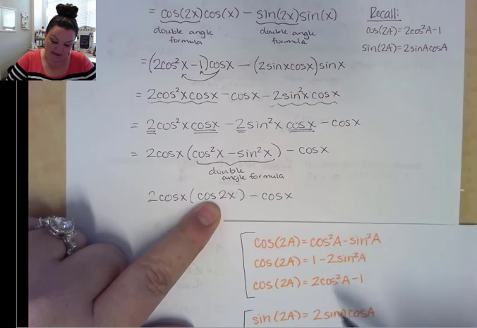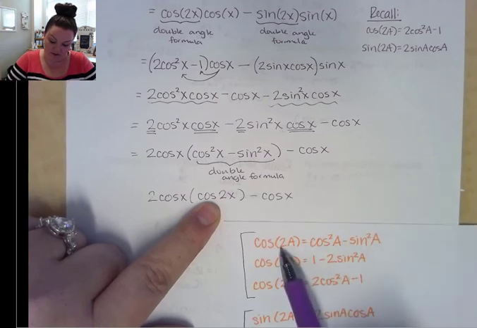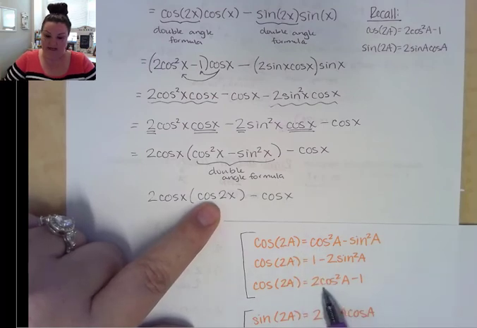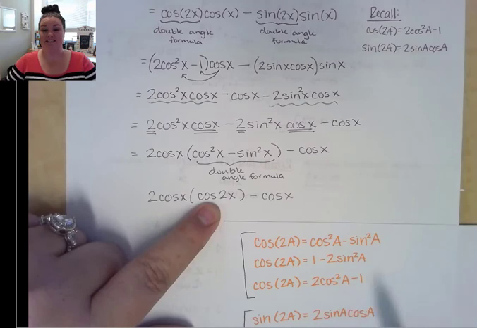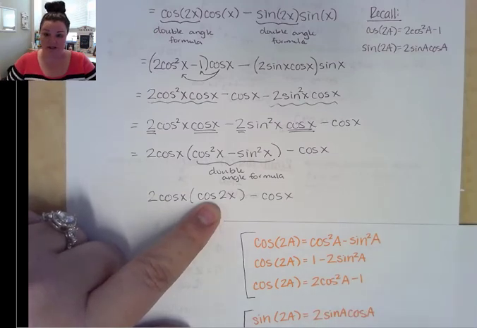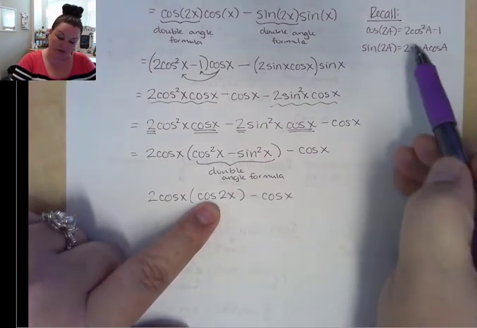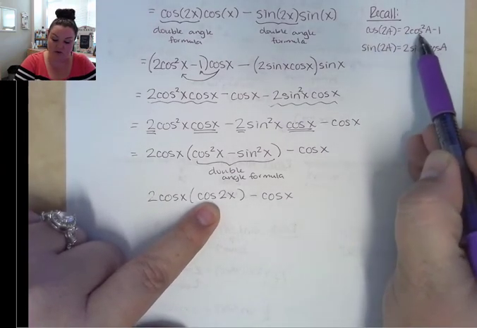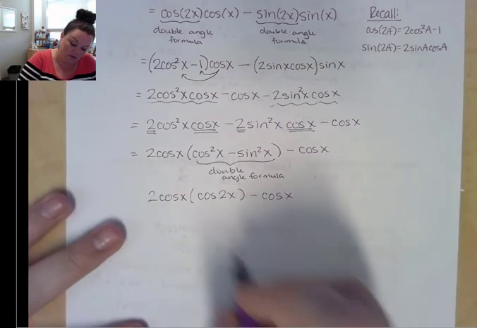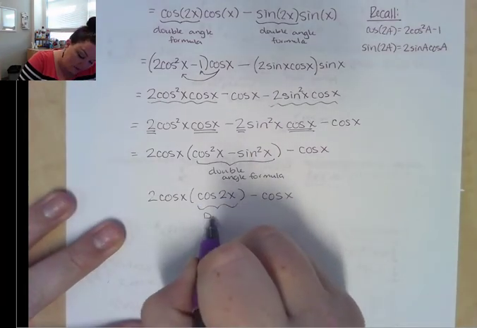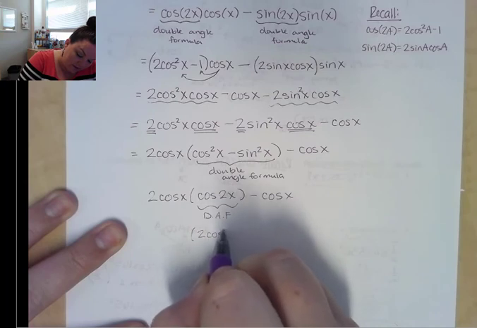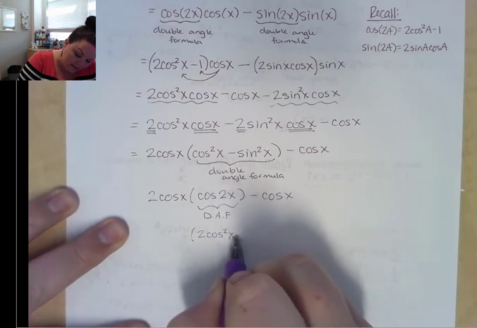Even though I just replaced to get rid of this one with cosine of 2x, now I can replace that cosine of 2x with one that just has cosines. So I can use a different double angle formula, which is actually the one I have written up here, which says that cosine of 2x should be 2 cosine squared x minus 1. Double angle formula.